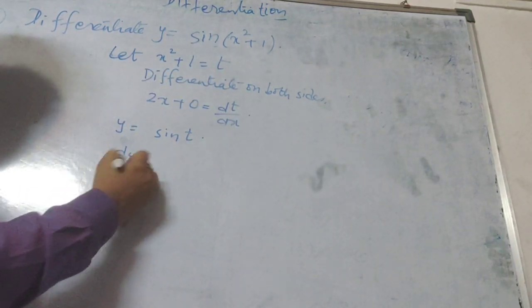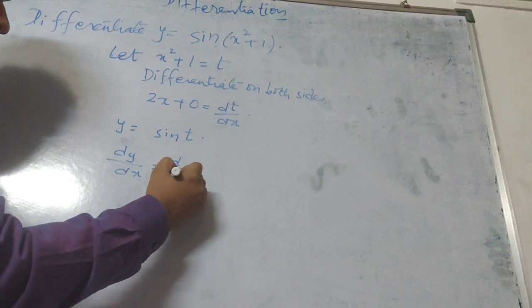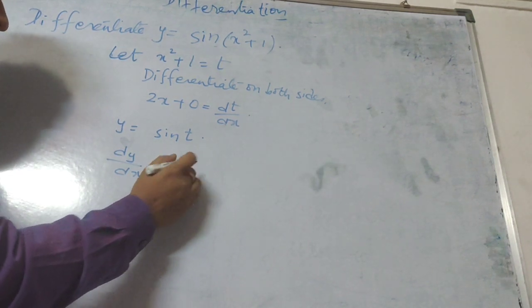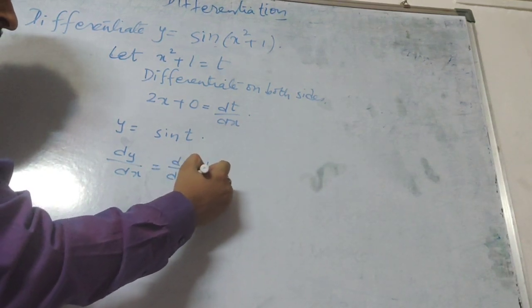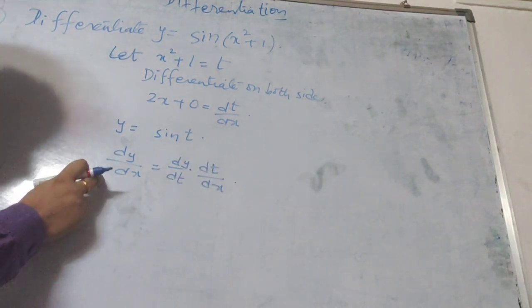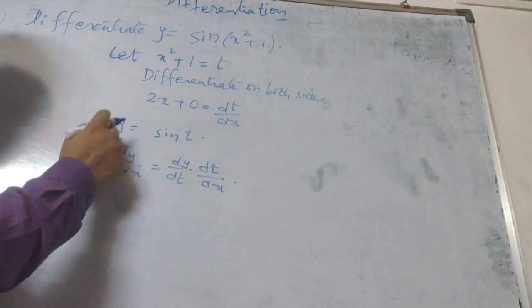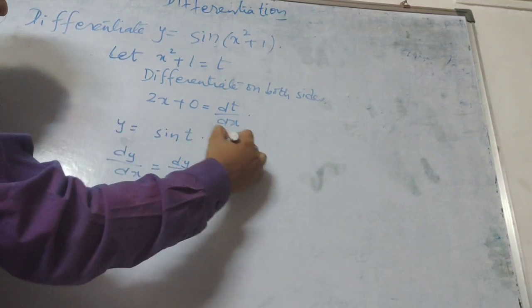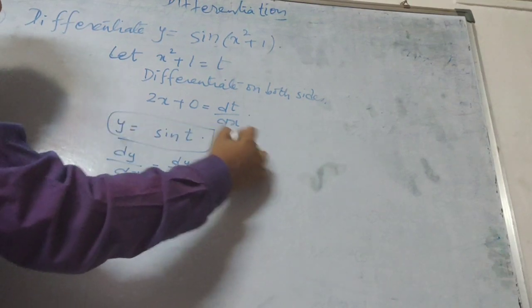Now dy by dx we'll write as dy by dt into dt by dx. This is the chain rule we are going to use. So y equal to sine t, we consider this as equation 1.